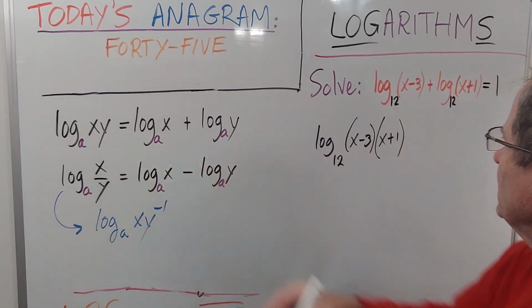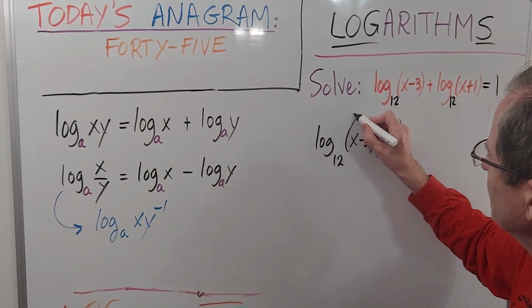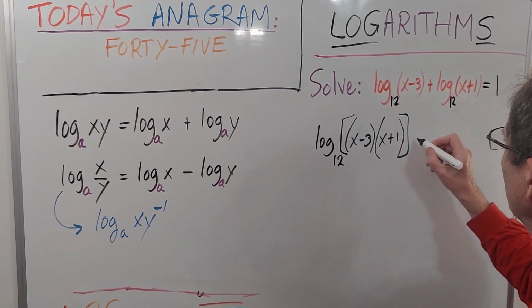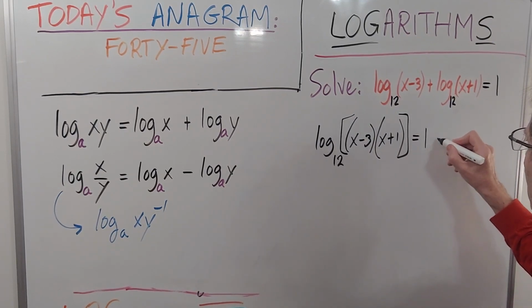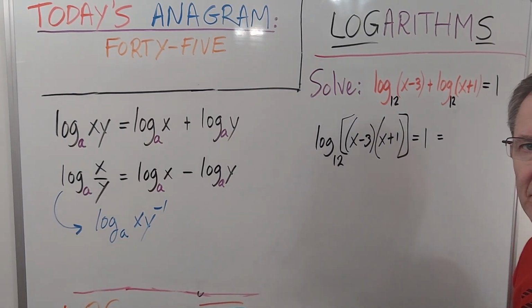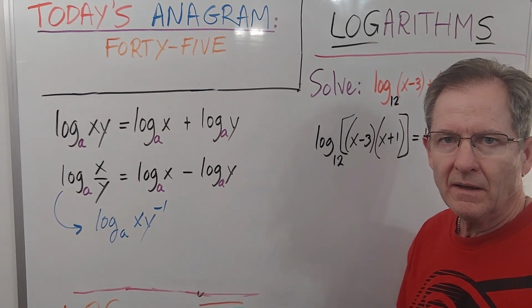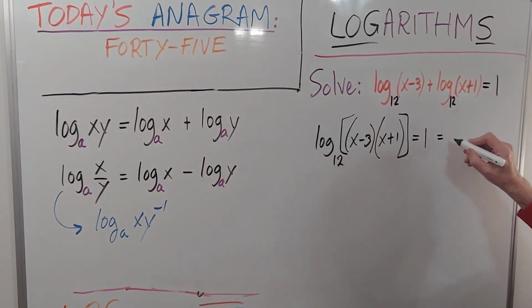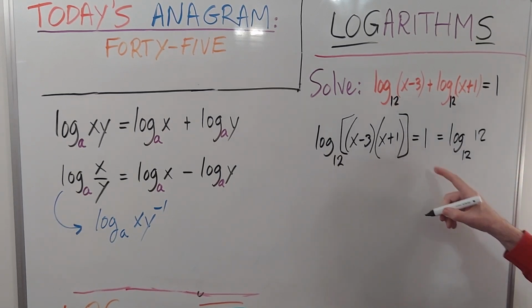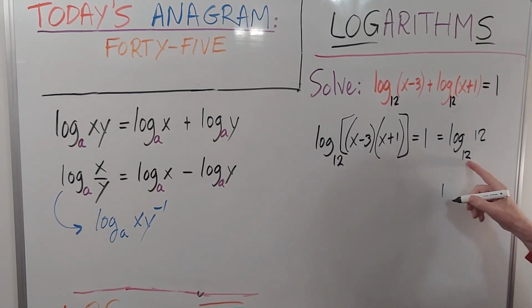I'm going backwards, you might say. Technically, I should probably put brackets around all of that. Equals 1. And if I write 1 as a log to the base 12, that's log to the base 12 of 12, because 1 is the exponent to which the base 12 must be raised to give the number 12.